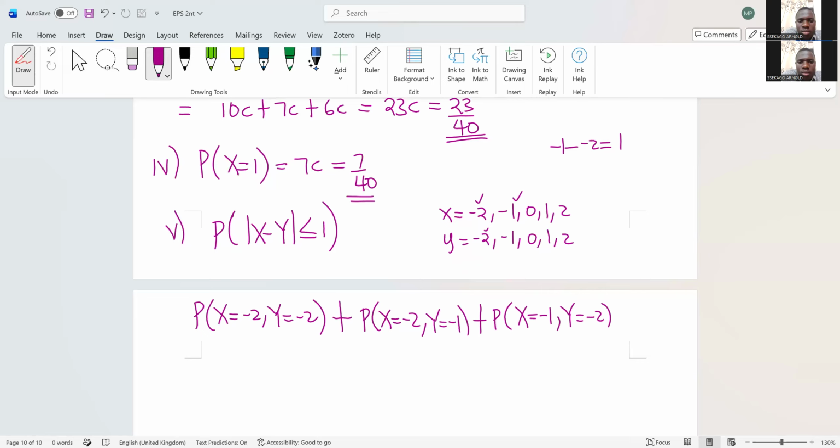I want to believe that the next one also satisfies. Plus probability of x is -1, y is -1. Because when you subtract, you get a 0, which also satisfies. Then -1 and a 0 also satisfies. Probability of x equals -1.